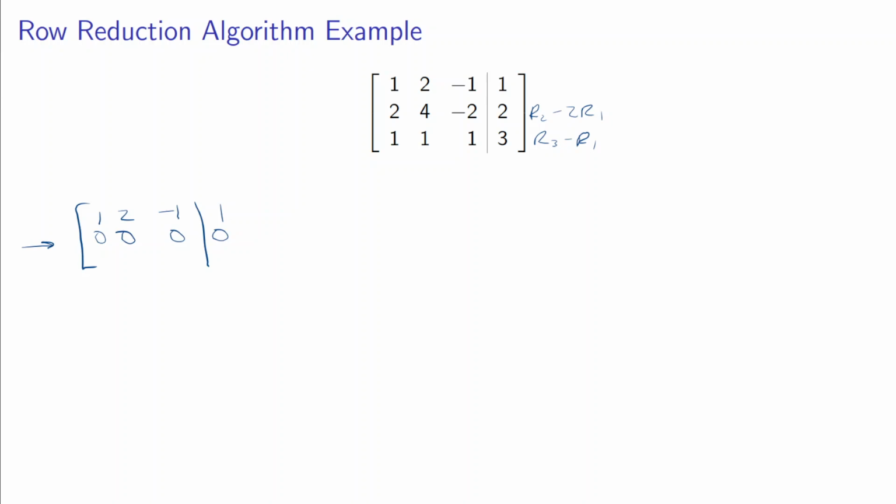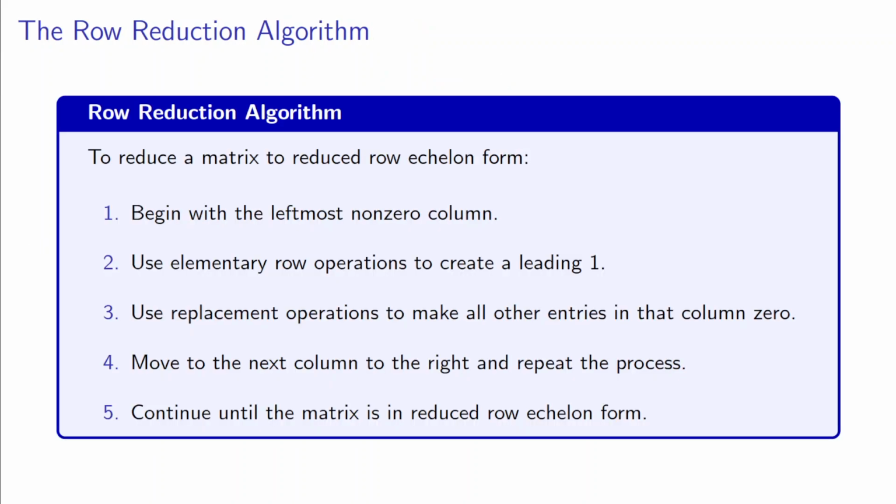We then get 1 minus 1 is 0 for our third row. 1 minus 2 is negative 1. 1 minus negative 1 is 2. And then 3 minus 1 is 2.